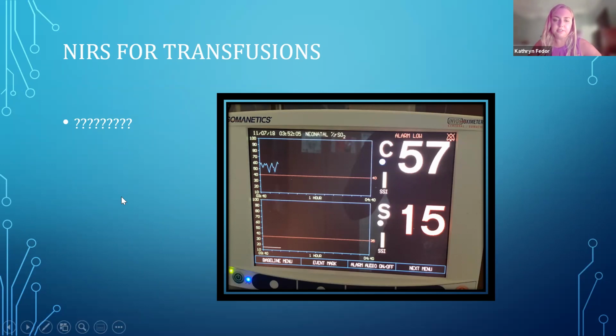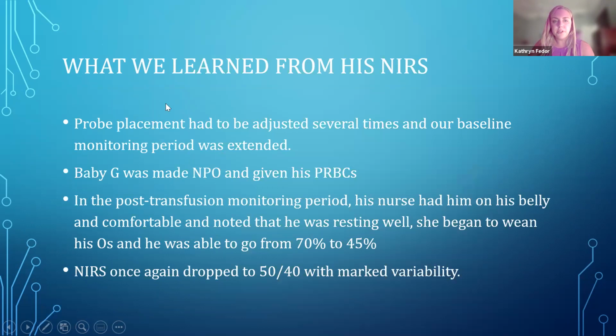Certainly if there was an element of abdominal distension, or certainly this IVH with a little bit of hydrocephalus played a role in where we placed our monitoring probes on the forehead. So, even though we had some probe issues from time to time, we still continued to monitor these babies.